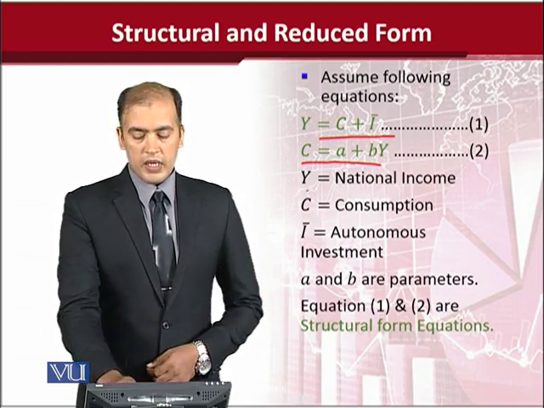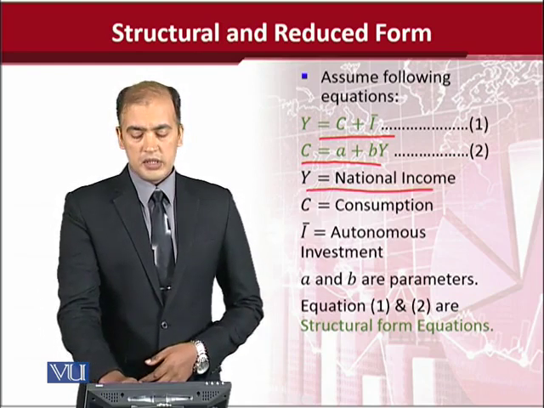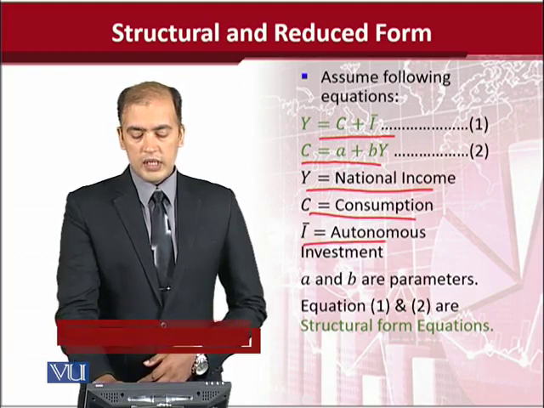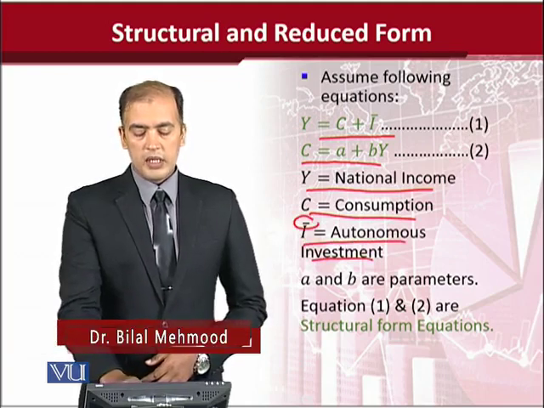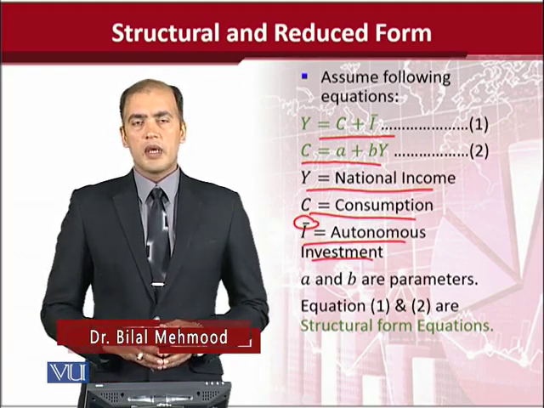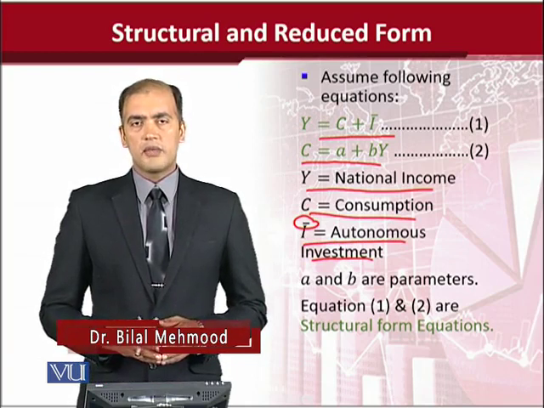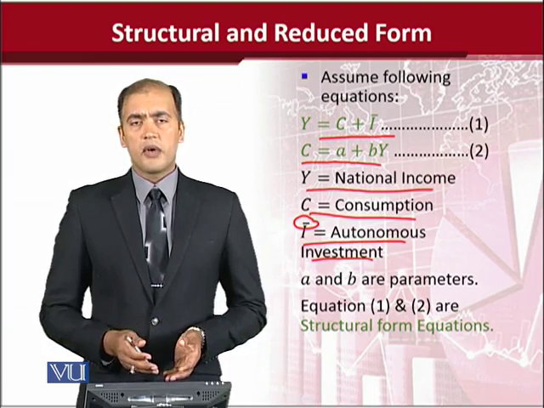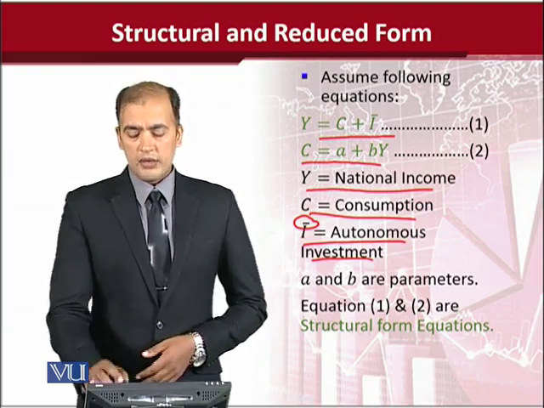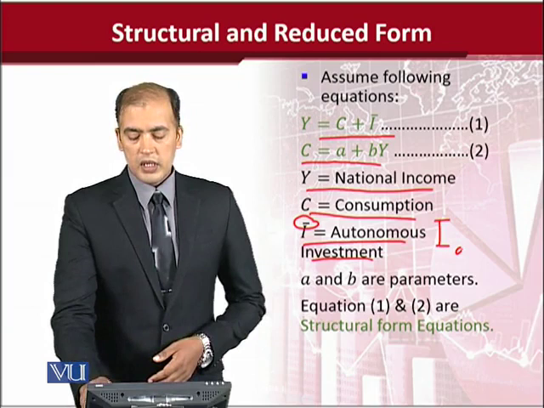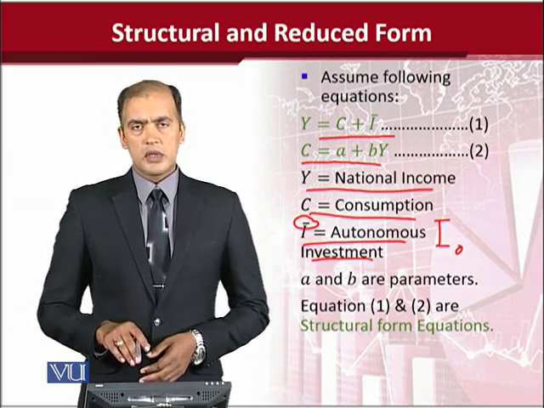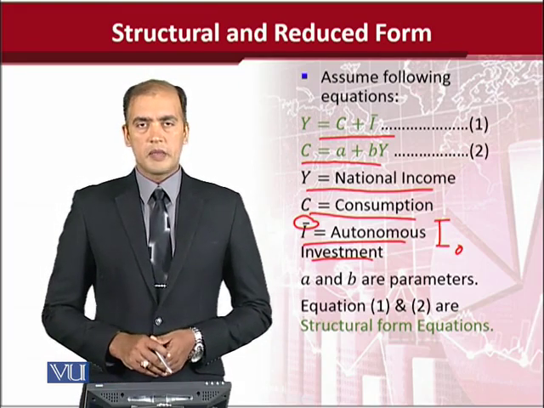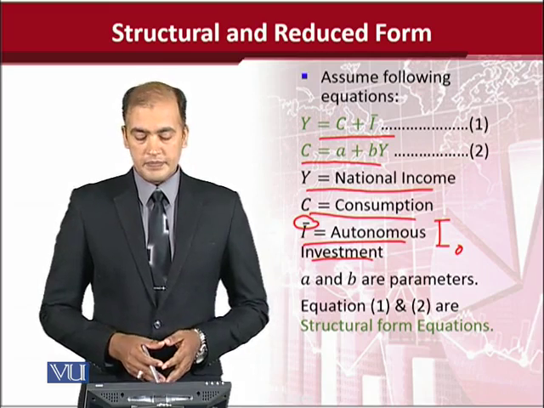You can see that Y is having its standard notation, C is also, whereas I is having this bar on it that basically shows the autonomous level of the variable, that is the autonomous investment. There is another alternative of writing the autonomous level, and that is by using a naught in the subscript of the variable. That is equally applicable.